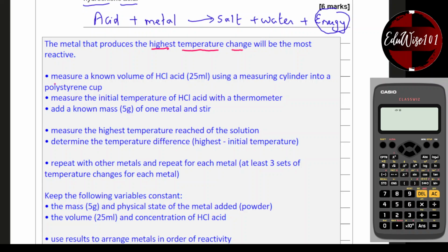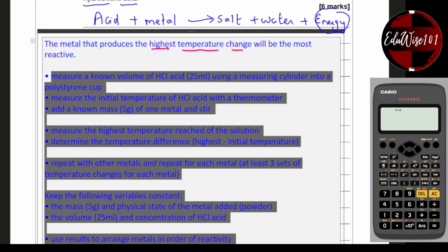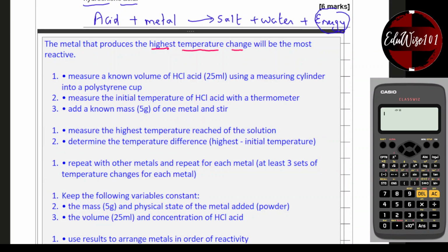So the steps: measure a known volume. Let me change that into bullet points that I can actually number. Hold on. So let's select that and number them. Okay, so let's go to the pen again.